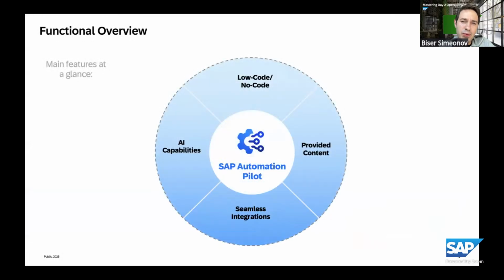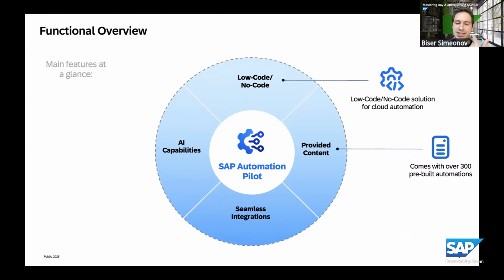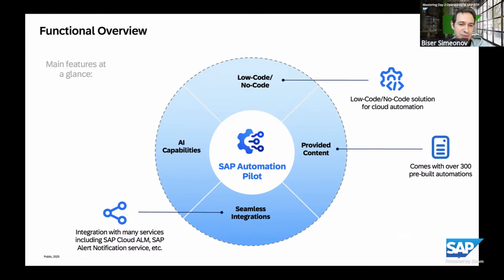Right, so we already know that it comes with low code, no code capabilities. We know that it comes with provided content, and we have a seamless integration with Cloud ALM. And today we're also going to see the integration when it comes to the Alert Notification service. And today we're also going to see the AI capabilities which are incorporated into the Automation Pilot.